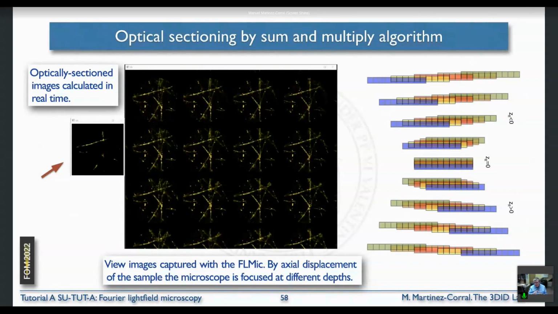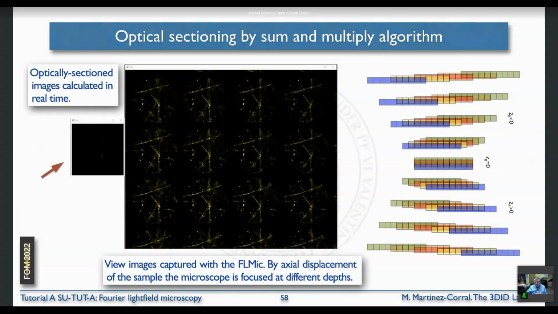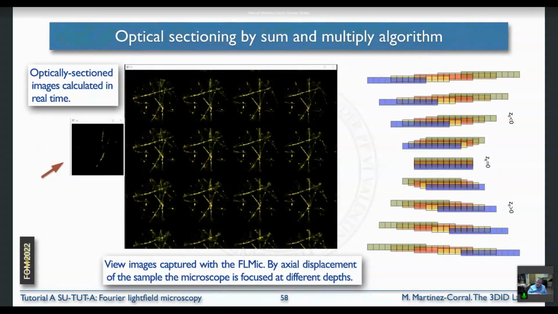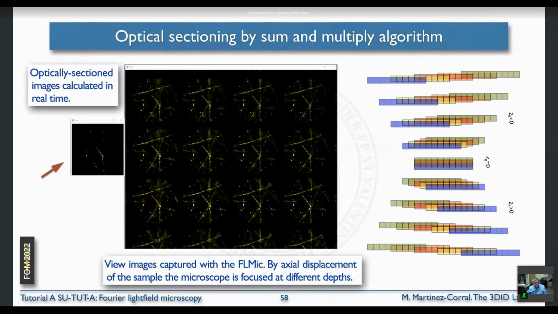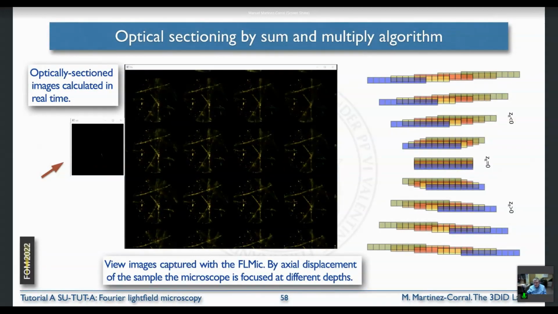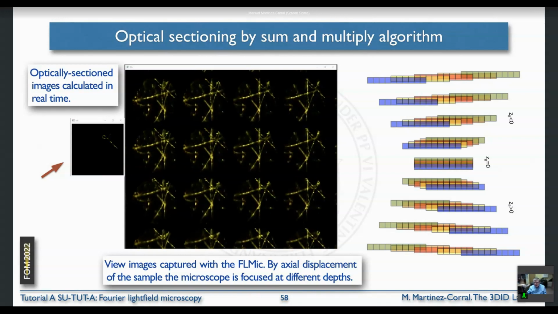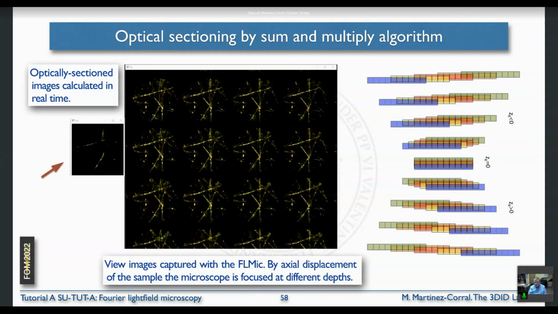The algorithm is very simple because you make the same shifting, but we don't sum the pixel values, you multiply. Then, for example, in this case, you multiply all the values that are in the same vertical position. And here you multiply all the values that are in the same vertical position. But this is quite fast.